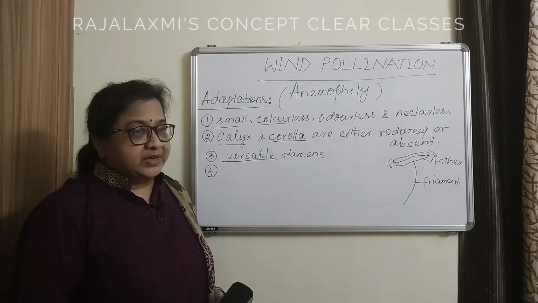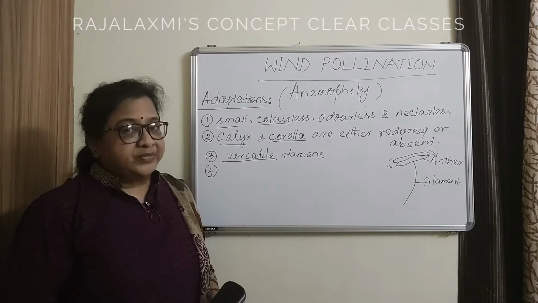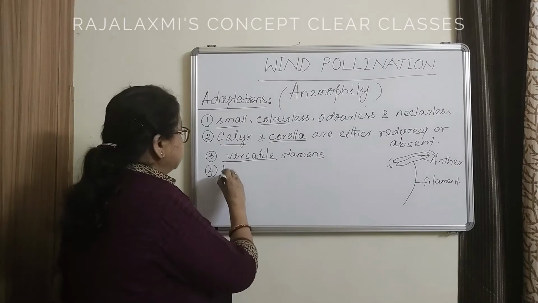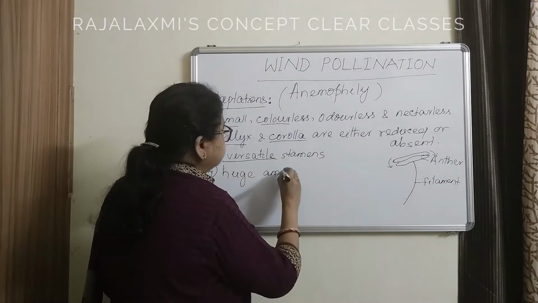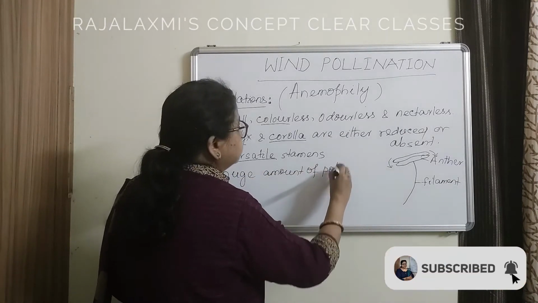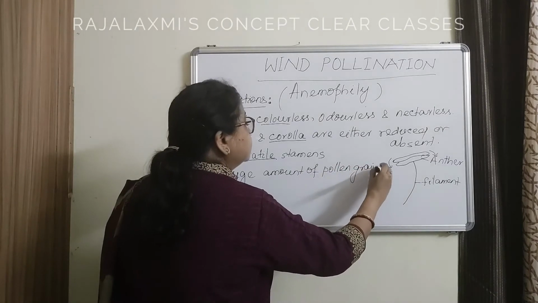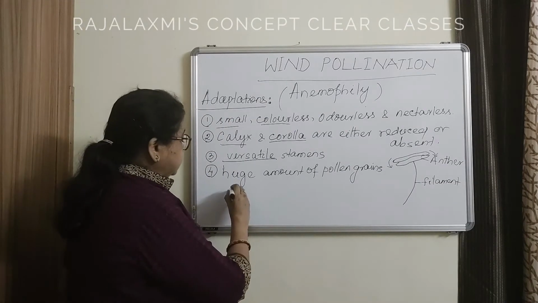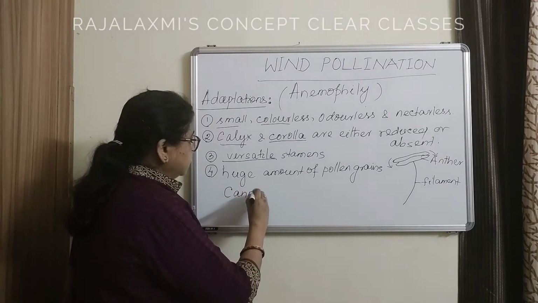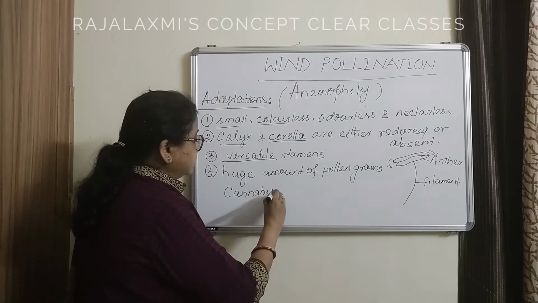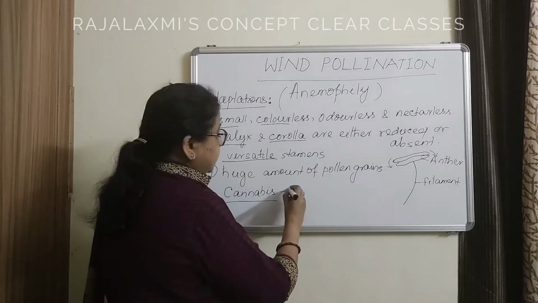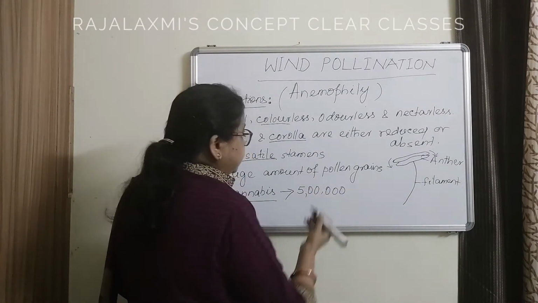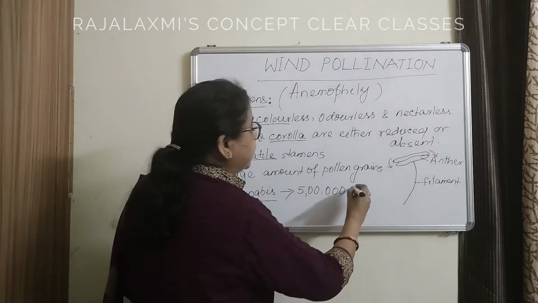Next adaptation. These anemophilous flowers produce a huge amount of pollen grains. For example, the plant cannabis produces about 5 lakh pollen grains.